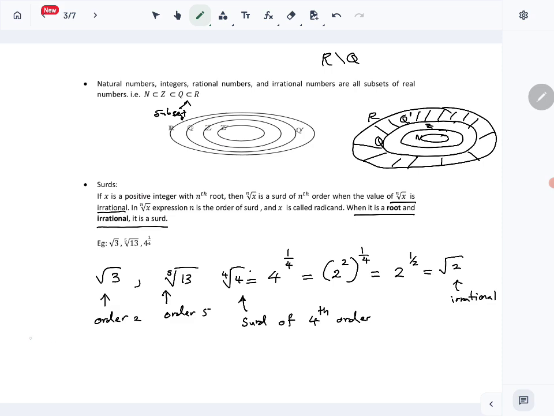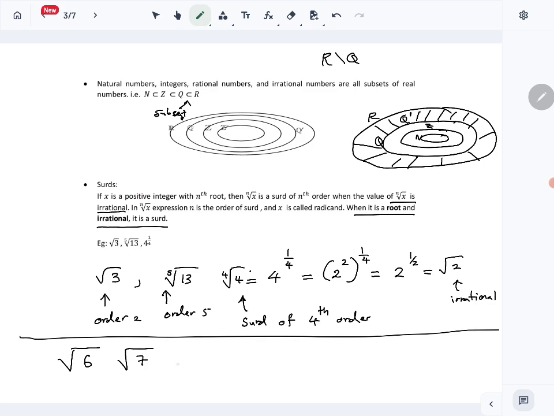So for square roots, there's an easy way to identify surds. This works for square roots, okay? Now look, I have written 4 square root numbers.